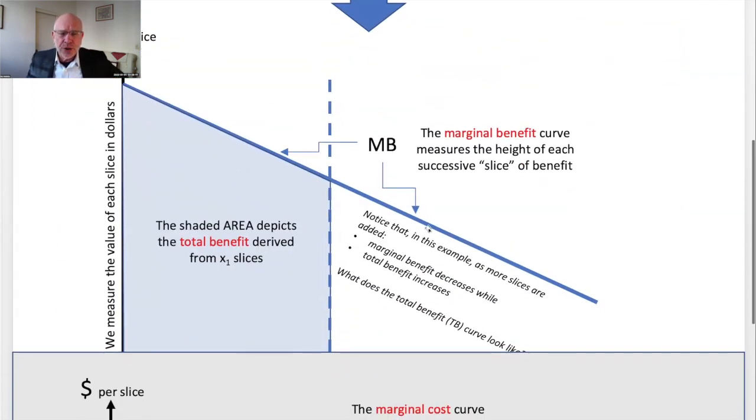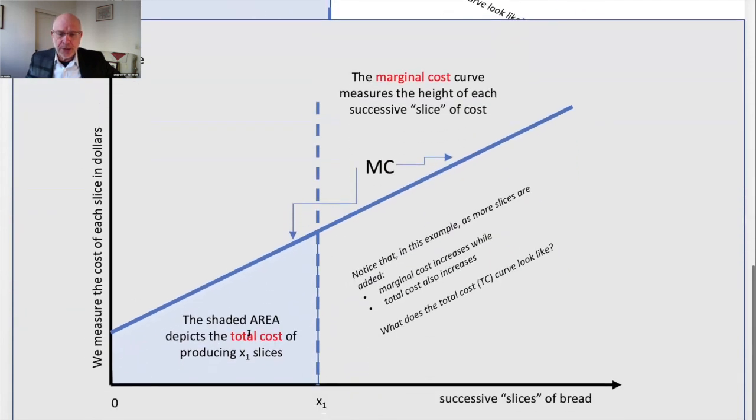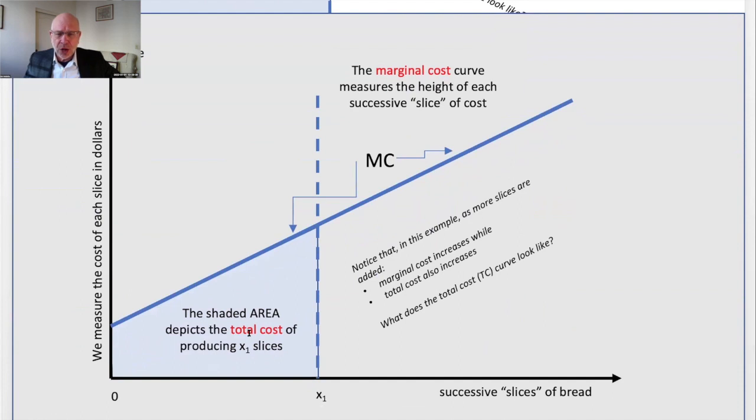And so as we just saw earlier, if we consume this much, then the corresponding total benefit is given by the area beneath the curve. But this applies just as well to marginal costs. And so here's a marginal cost curve.